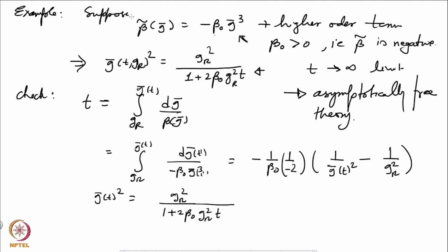Okay, so if the beta function is given to you, that you have calculated, in the argument of the beta function, see, you will get the beta function by doing the loop calculations. So you did a calculation at some loop, and there when you are drawing the diagrams, you will be putting g of r, not gr.